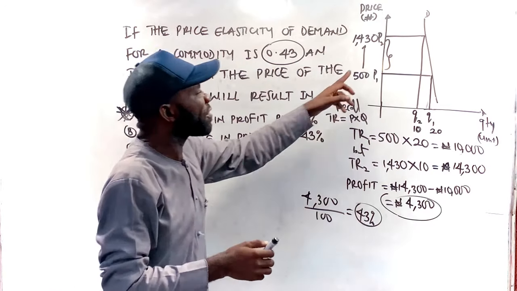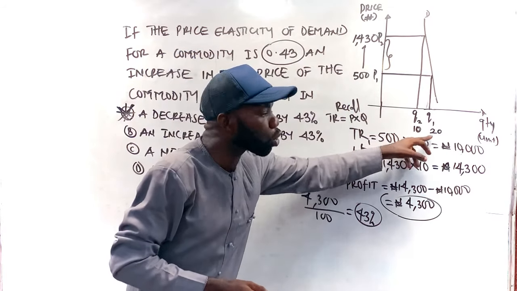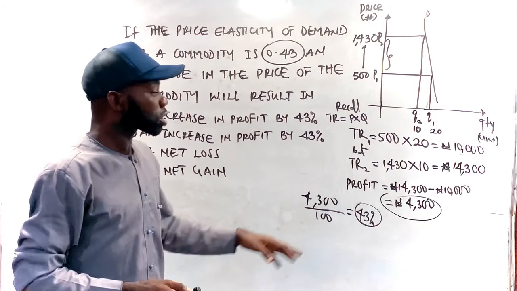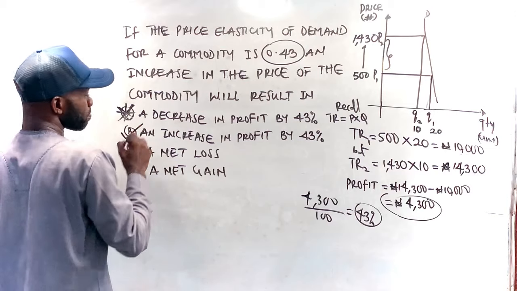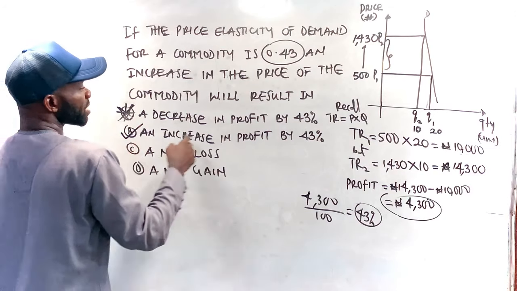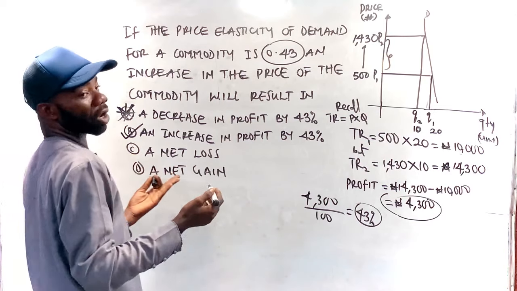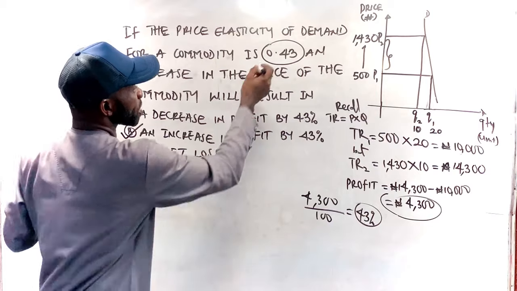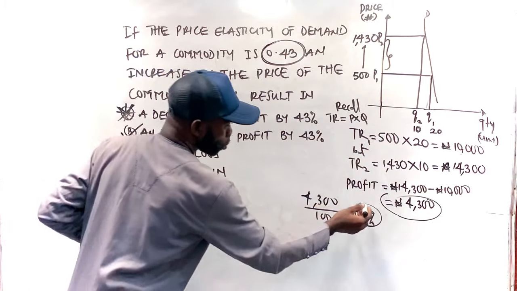So it is the difference between the price increase that will cover up for those who have left the market. You're still going to make profits. So looking at that simple calculation, option B is our best answer. An increase in profit by 43%. We cannot consider a net loss, because this question gave us a value that we can always refer to percentage.